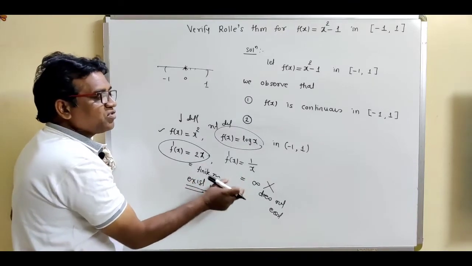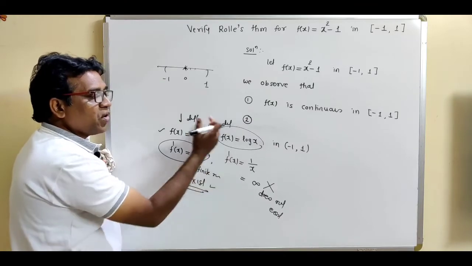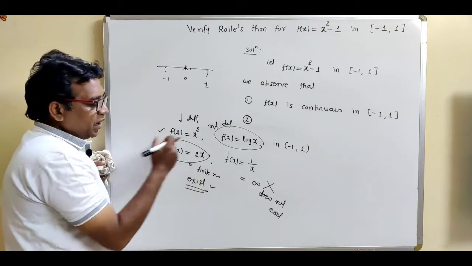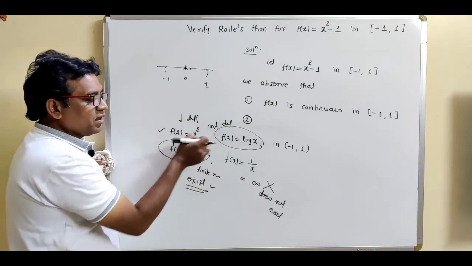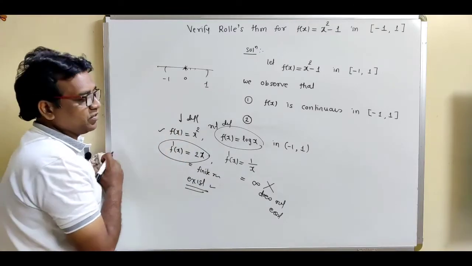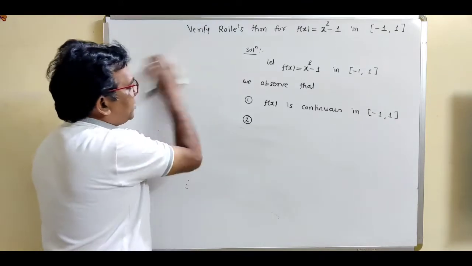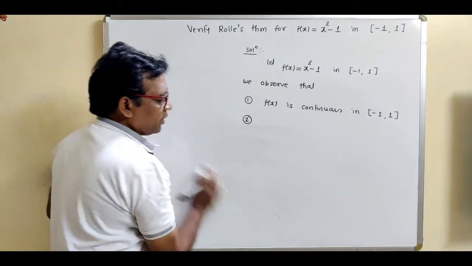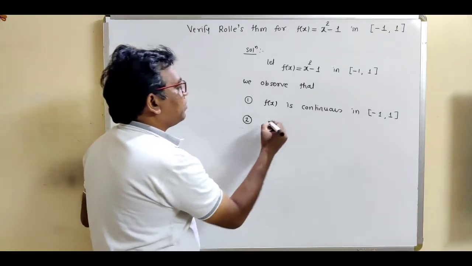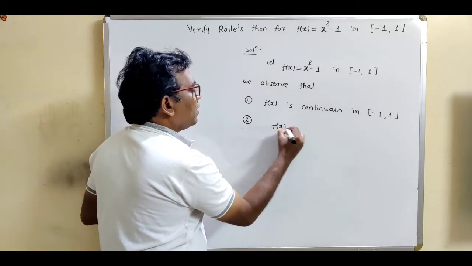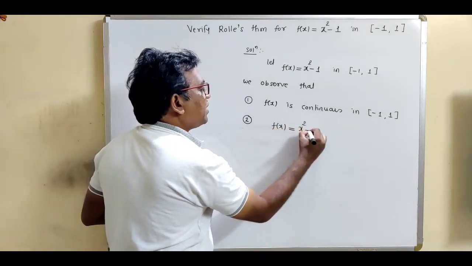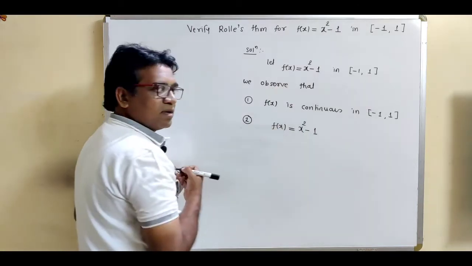So if the derivative does not exist, then that is called a not differentiable function. If the derivative exists, then the function is said to be a differentiable function. So how to check the differentiability? Differentiability means just find out its derivative. So write down the given function, f(x) equal to x square minus 1, that is the given function.